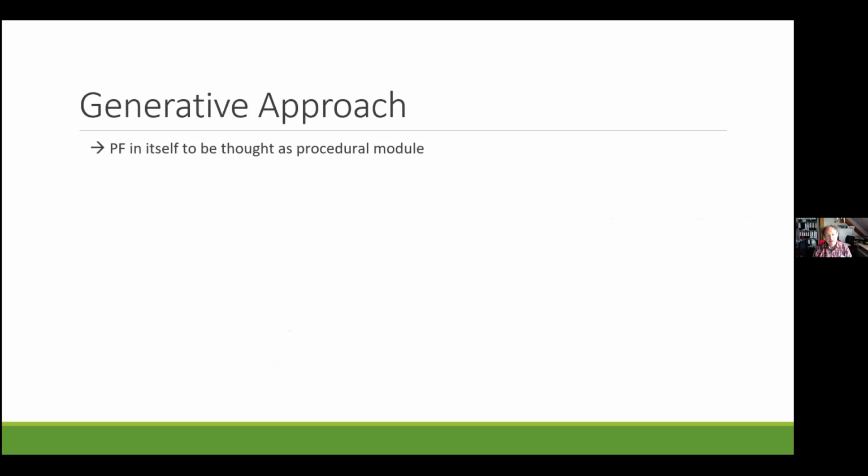So actually, we might want to think of PF in itself as a procedural module. We get some output of narrow syntax. Next, we move and merge material potentially in order to get to a position where we do lexical insertion.